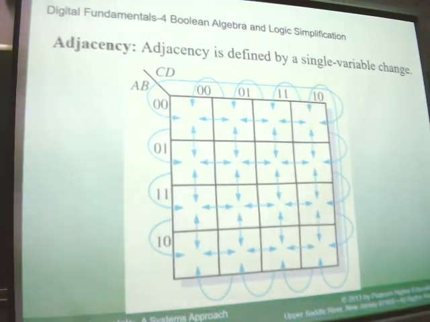That is the definition of adjacency. Adjacency is defined by a single variable change. Very important.